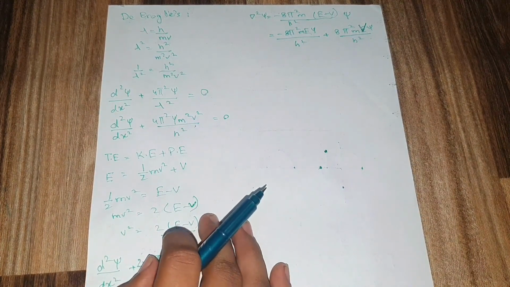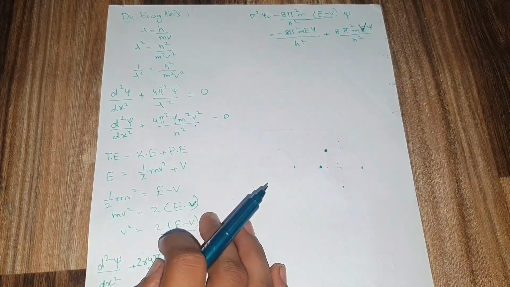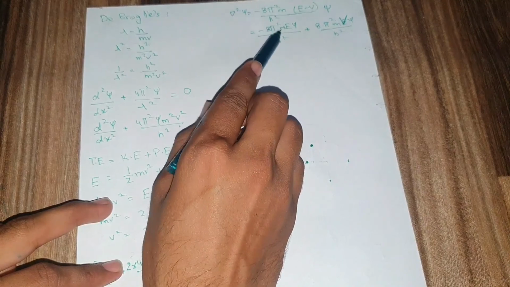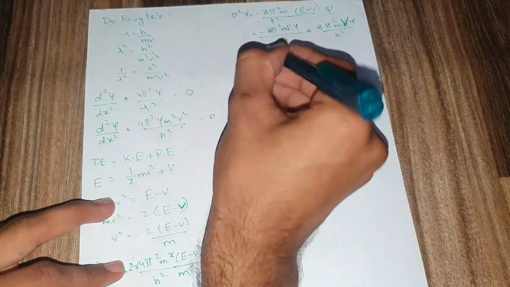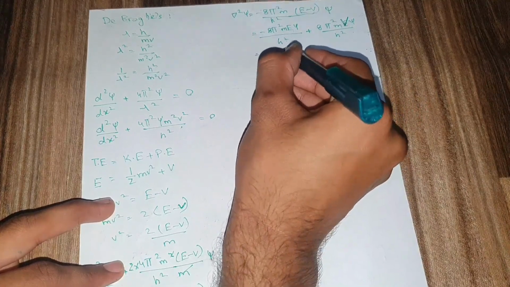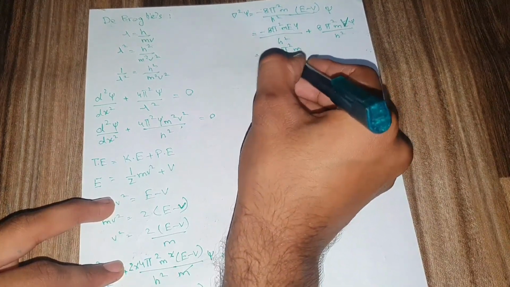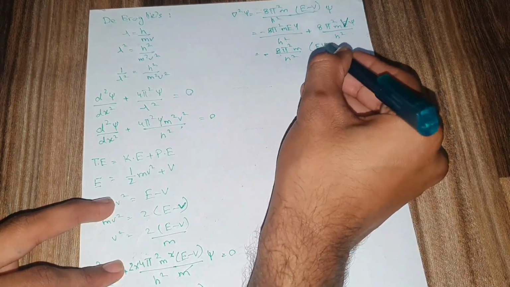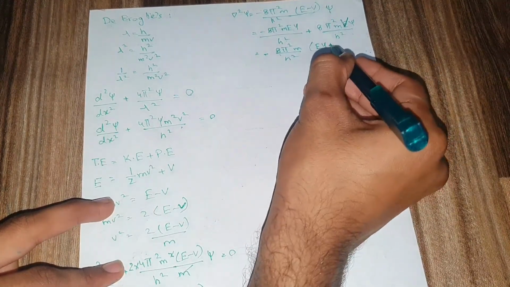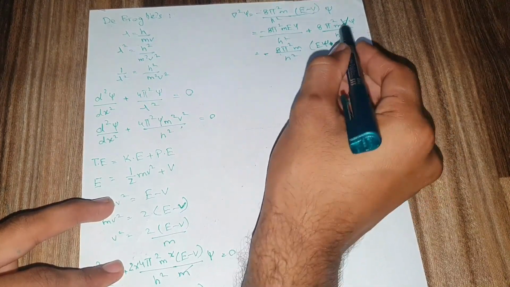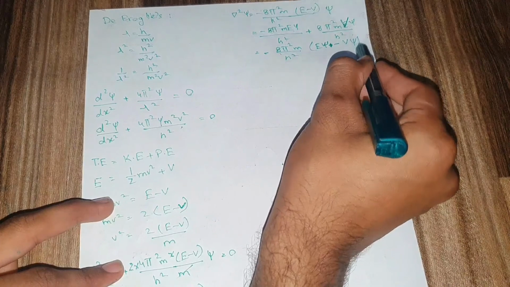The next thing, multiplying the equation on both sides by h squared over 8 pi squared m, or in other words, I am going to take minus 8 pi squared m divided by h squared as common. The equation becomes E psi minus V psi.